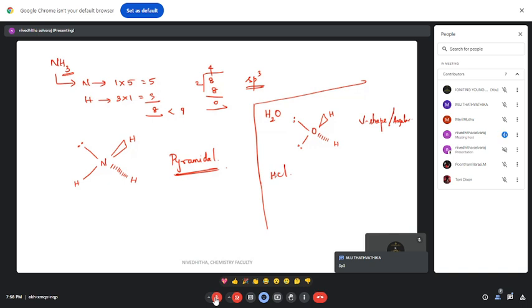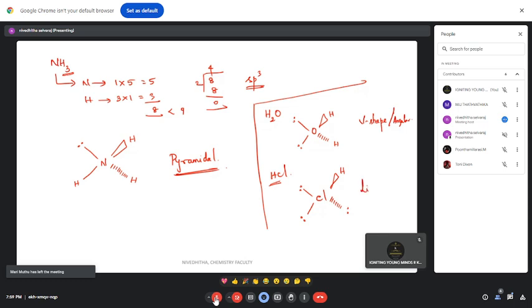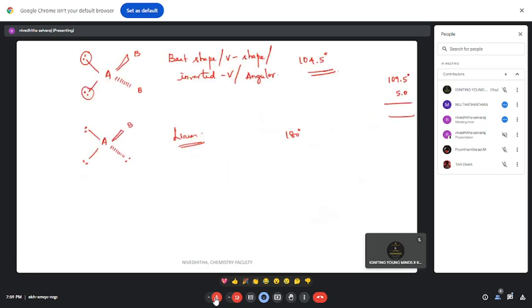So chlorine can form how many chemical bonds? Four chemical bonds, right? But chlorine got only one terminal atom, which is hydrogen. So I'm going to fill this hydrogen here, and the rest of the bonds are filled with lone pairs of electrons. Now, what is the shape of this HCl? It is linear. Okay, so this is how we have to use that tabular column. Is that clear?